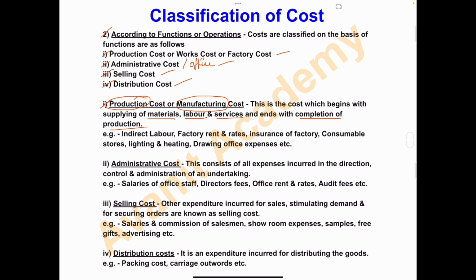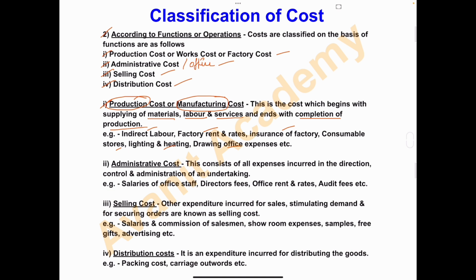Here are the examples of production cost: indirect labor, factory rent and rates, insurance of factory, consumable stores, lighting and heating, drawing office expenses, etc. All the expenses related to the factory where raw materials are converted into finished product are called production cost, manufacturing cost or factory cost.